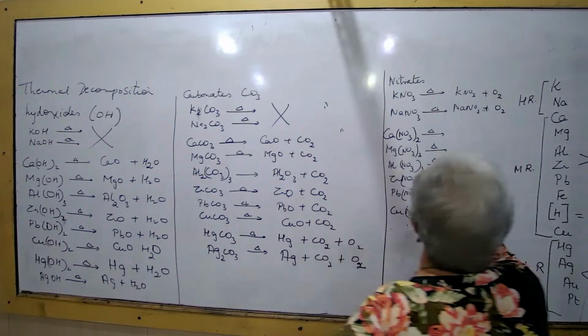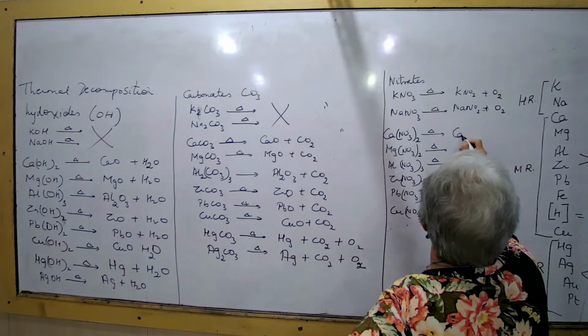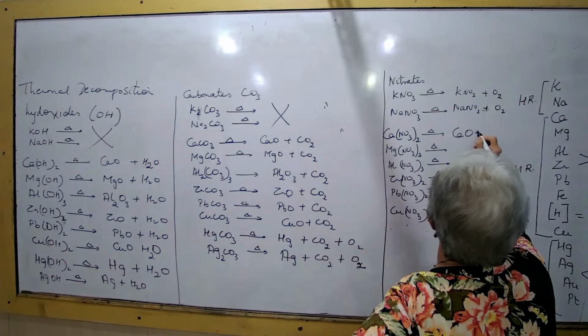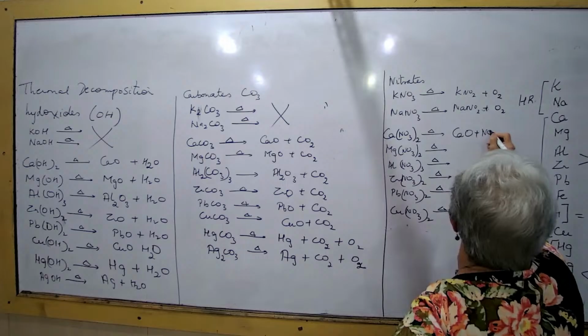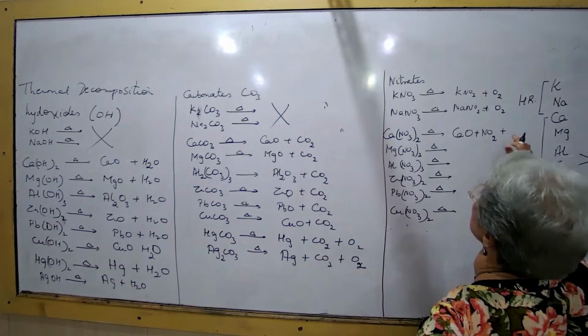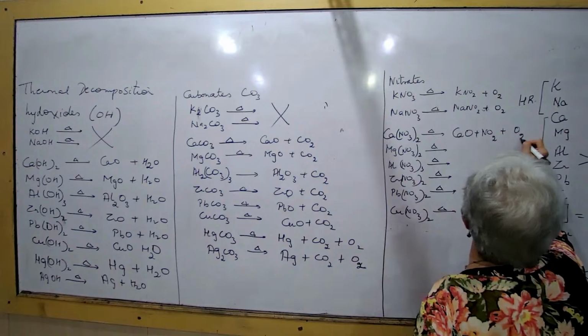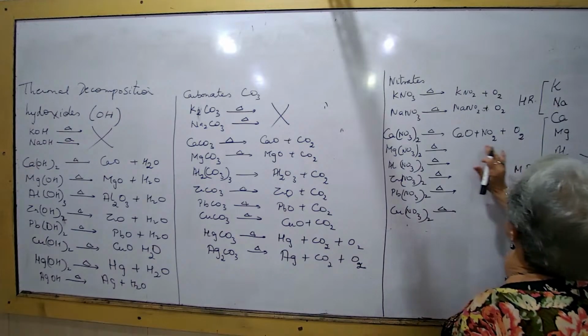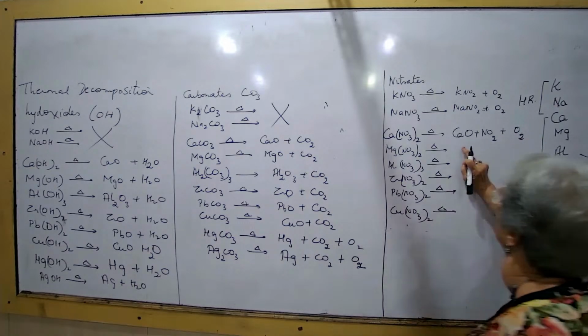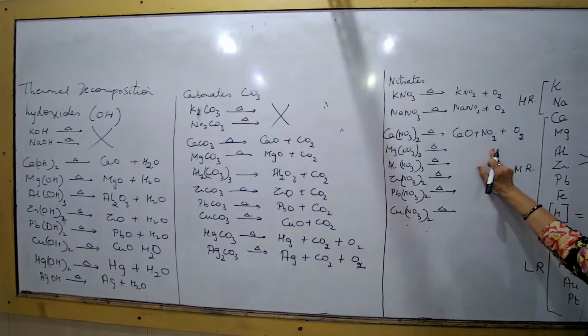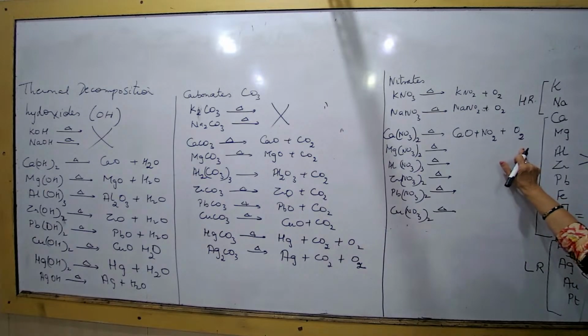What you're going to get here is calcium oxide plus NO2 plus oxygen. Okay? This is what you're going to get. So here also you're getting MgO plus NO2 plus oxygen. Shall I write it down on the board or do you all know it?